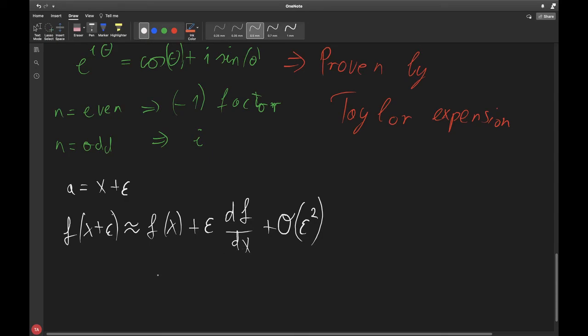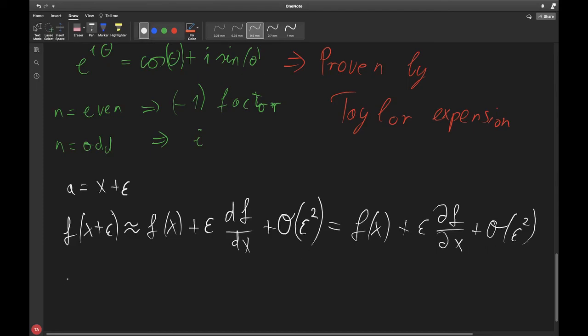So actually, there are some other notations for derivatives. So I could write this whole thing as f of x plus epsilon times this kind of derivative notation of x, and then plus again the ordo epsilon squared.